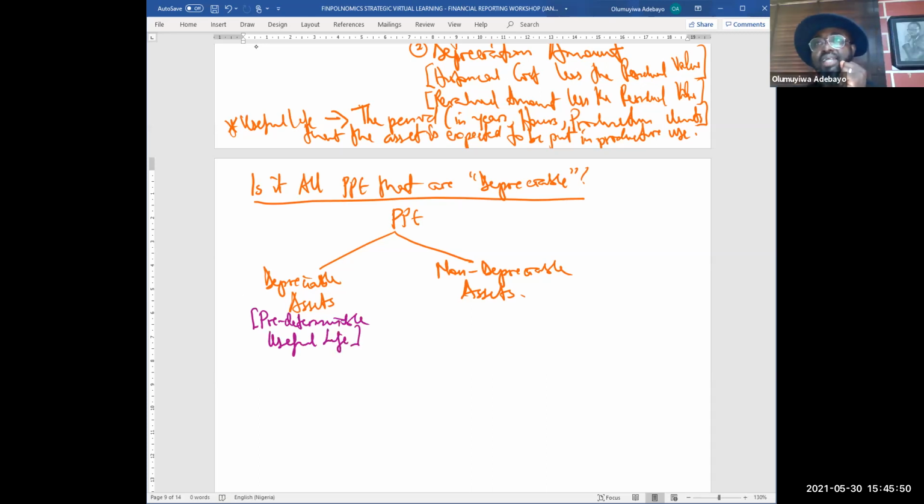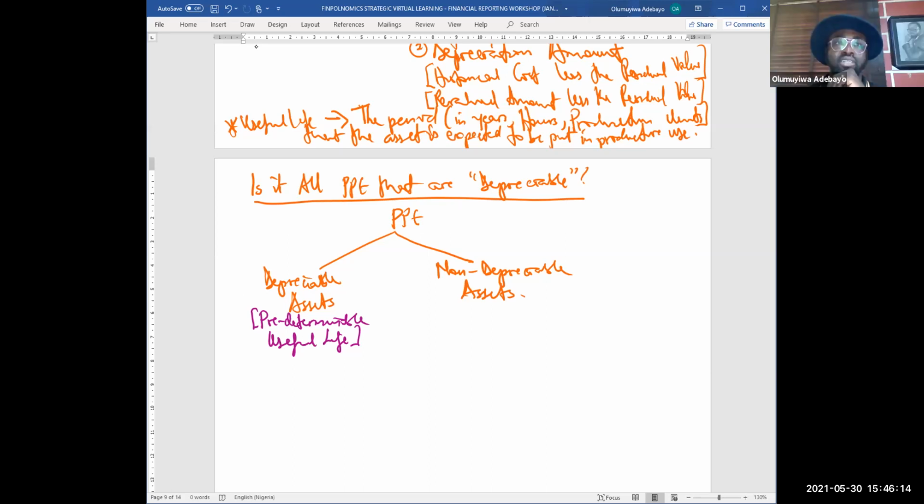Now, depreciable assets are assets that can be depreciated over time. And they are depreciable because they have predeterminable useful life, which means the useful life, on the basis of reliability, can be estimated, which is usually influenced by pattern of usage and past practices.